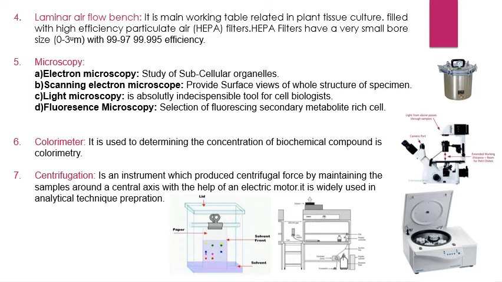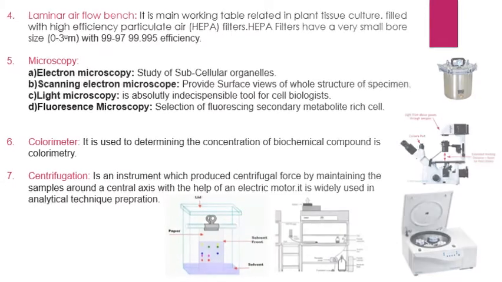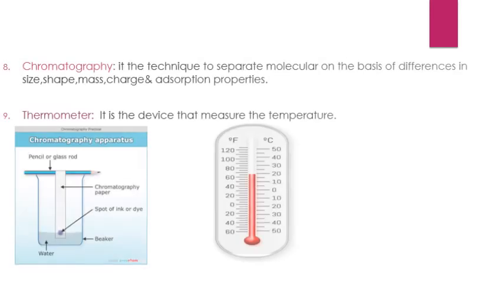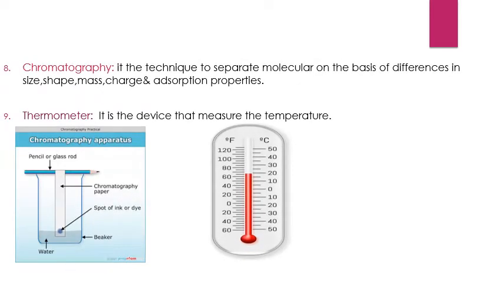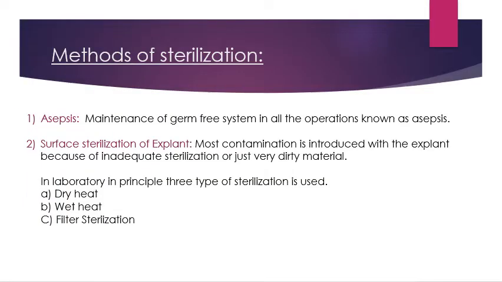It is widely used in analytical and preparative techniques. Chromatography is the technique to separate molecules on the basis of differences in size, shape, mass, charge, and adsorption properties. Thermometer: it is the device that measures the temperature.